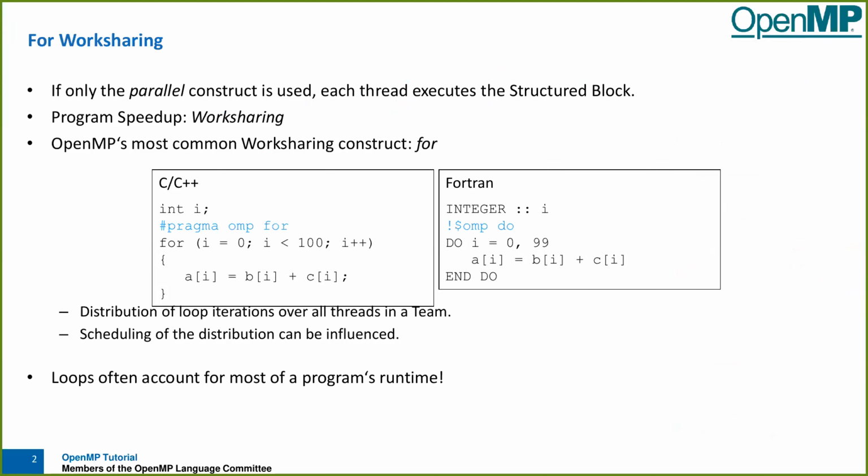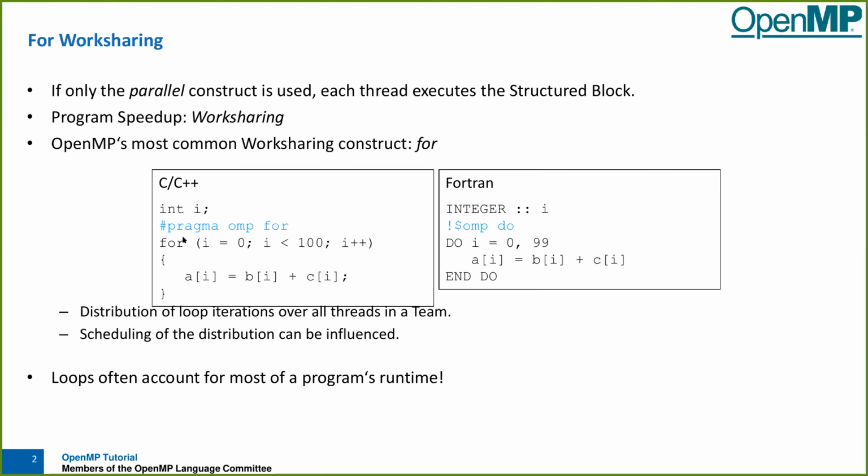And in many cases, loops account for most of the program's runtime, and this is why the work sharing construct was part of OpenMP from the very beginning, meaning the do work sharing construct in Fortran, and then a little bit later on the for work sharing construct in C and C++.